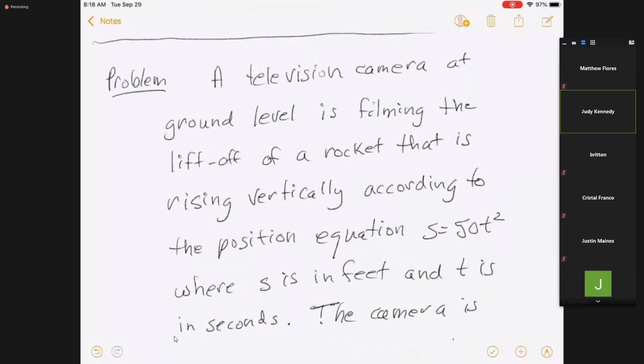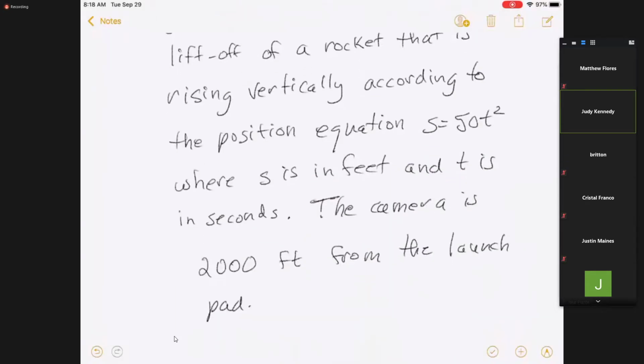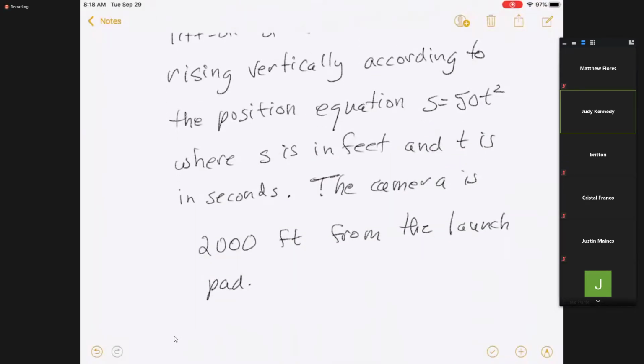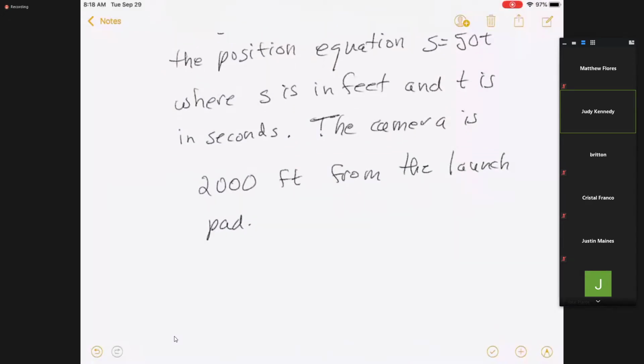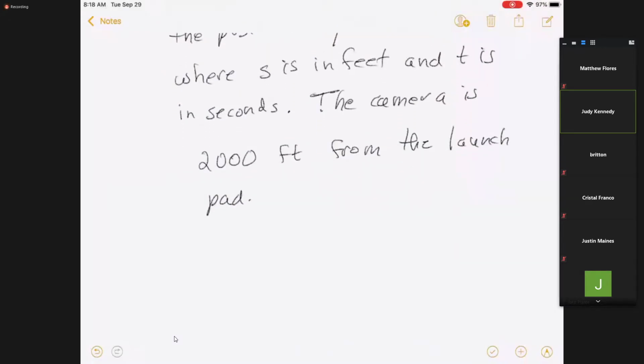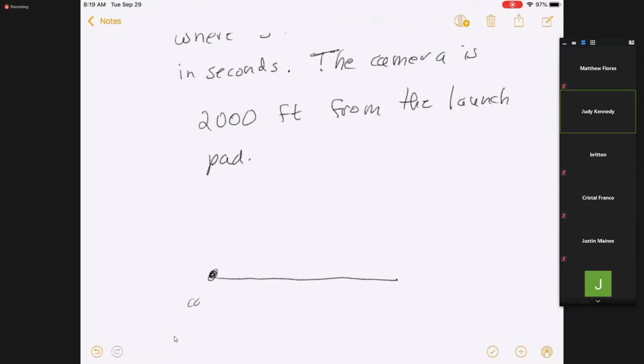The way the fire comes out of those rockets when they go off, I don't know if that's far enough away, but I guess that is not my concern here. Okay, so a picture. The camera is right here. And it's not moving. It's 2,000 feet away from the launch pad, which is right here.